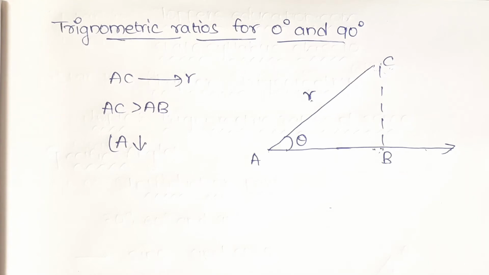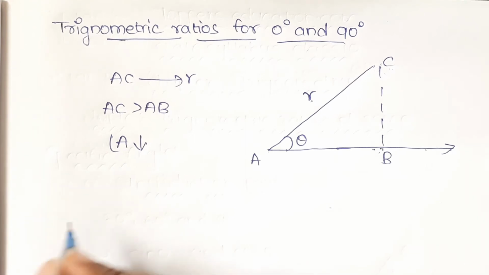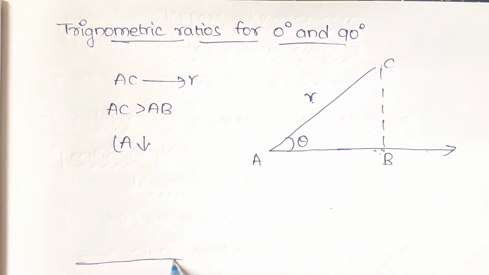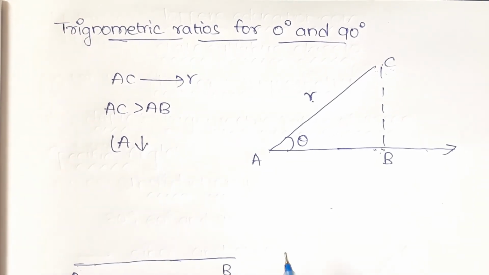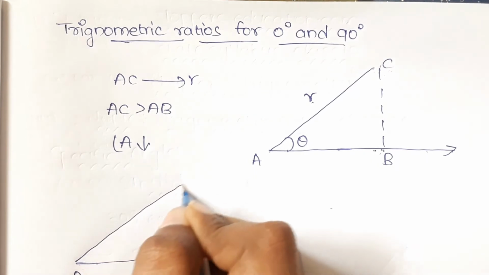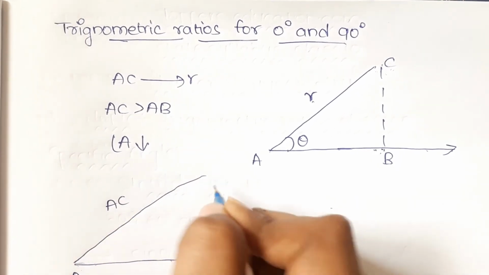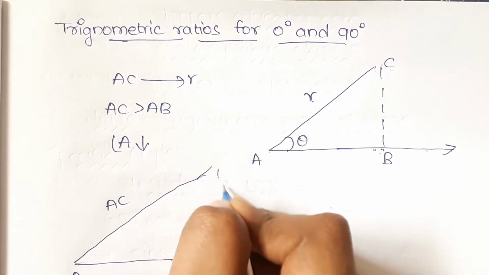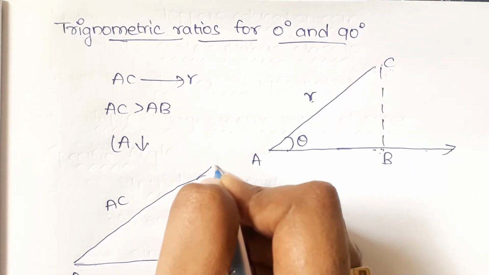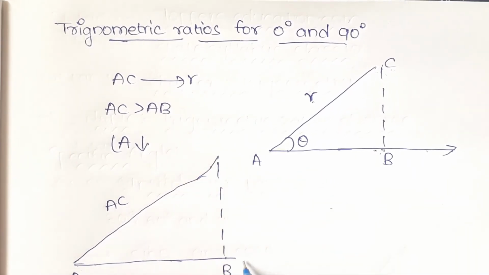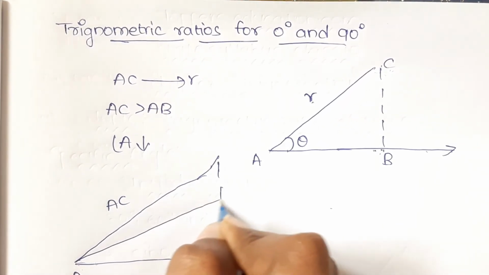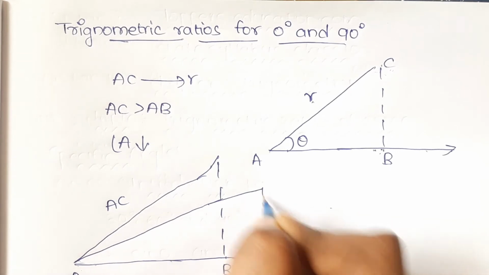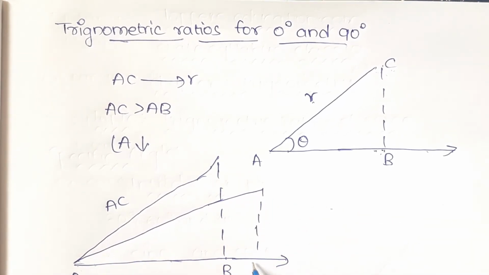Now let us see that figure. Here it is the triangle ABC. First, AC is the ray from A, and if the angle at A decreases, then it will become like this.